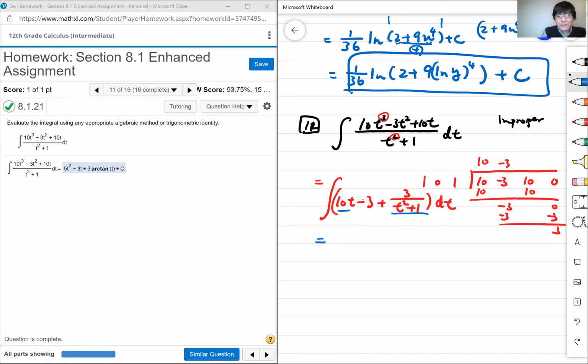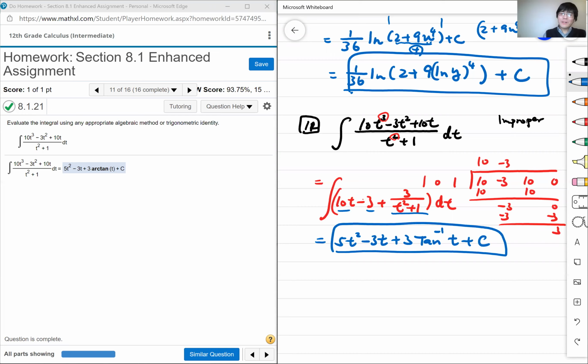So just integrate piecewise. It's going to be 5t squared minus 3t plus 3 times the arctangent of t plus c. Okay, so improper, divide and integrate each piece.